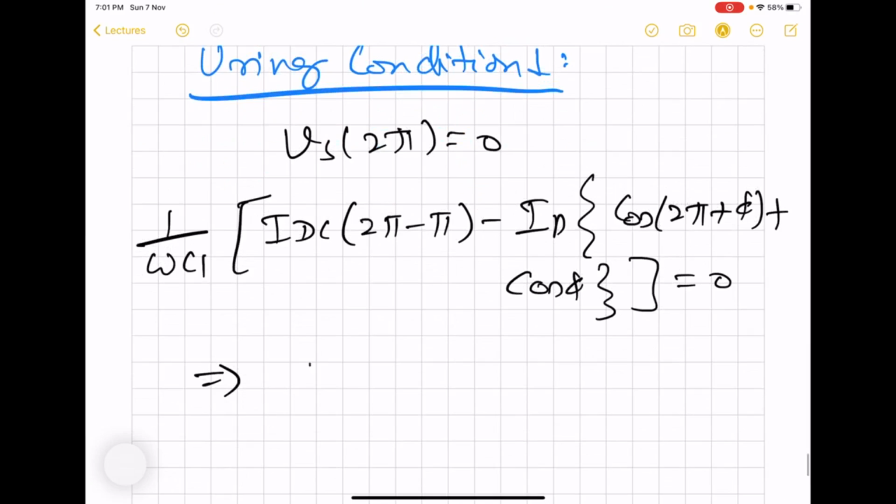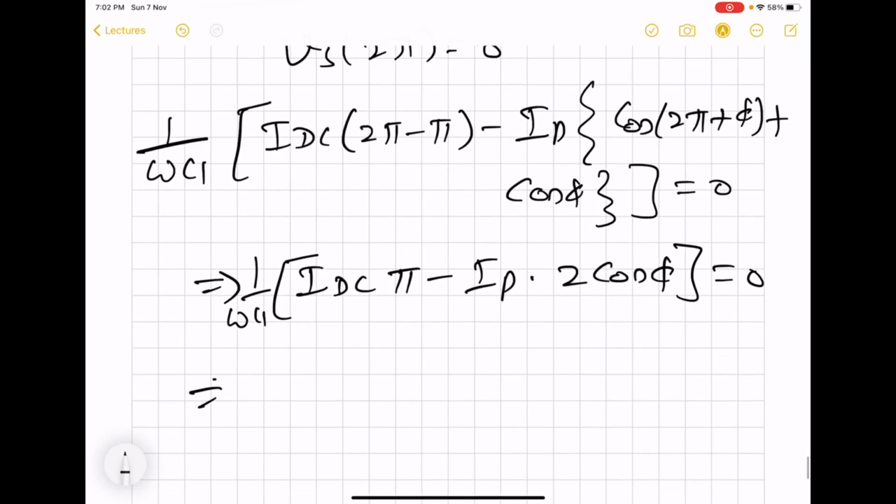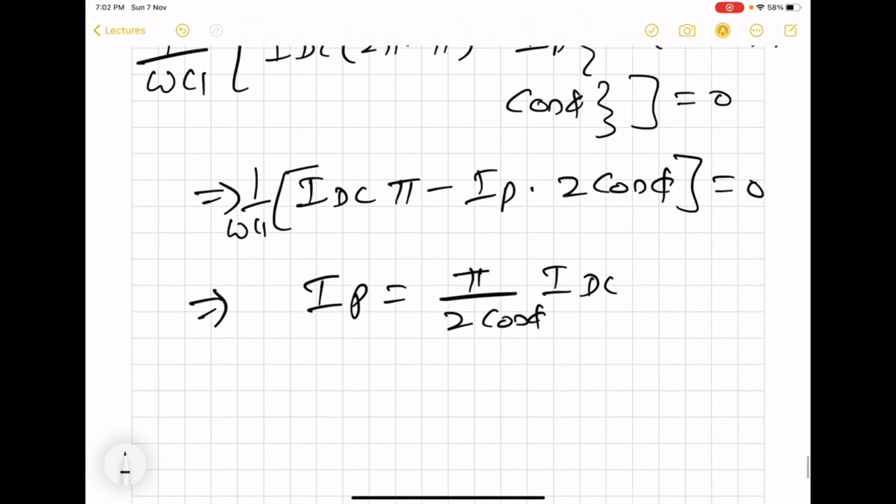So this implies IDC into pi minus IP into 2 cos phi is equal to 0. So this gives rise to IP is equal to pi by 2 cos phi IDC.